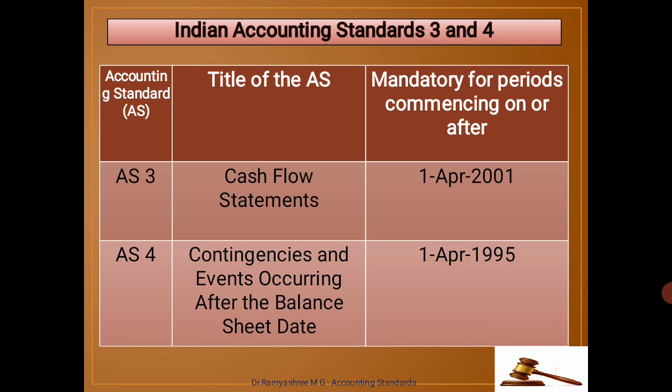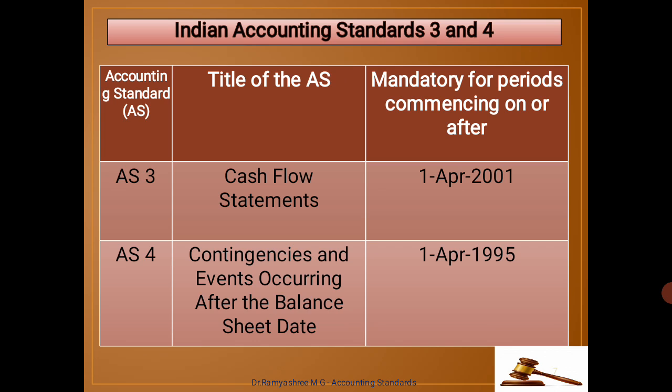There are two types of events, namely events which provide further evidence to show that they existed at the balance sheet date, and other events which indicated that they arose after the balance sheet date.